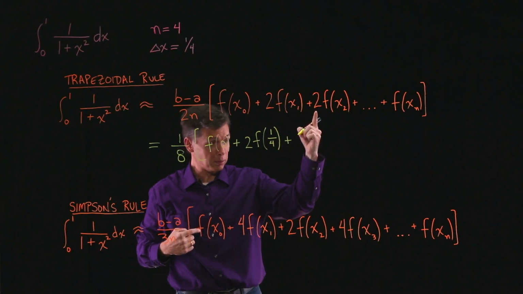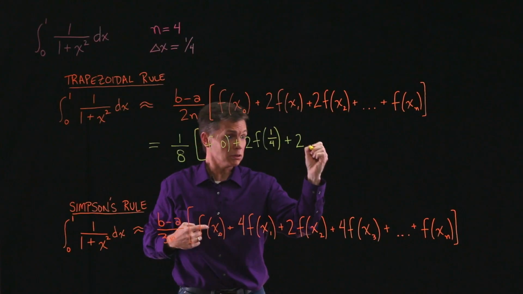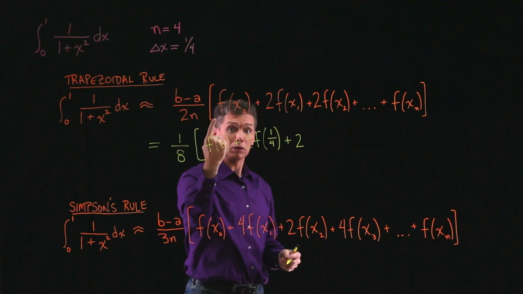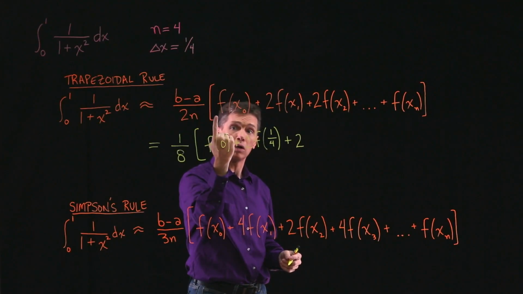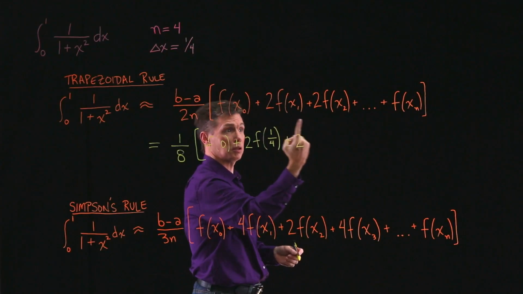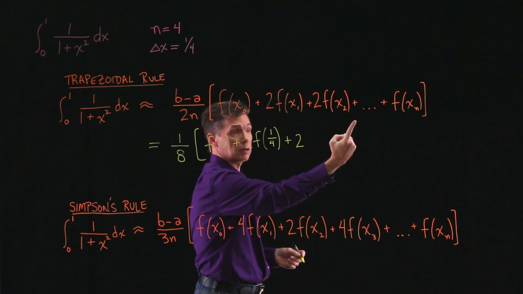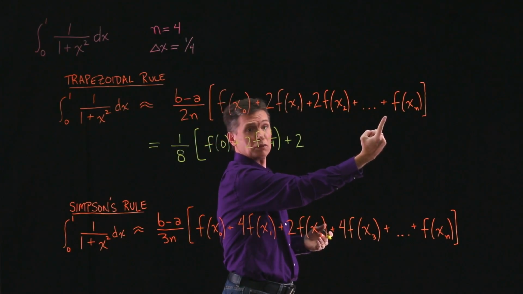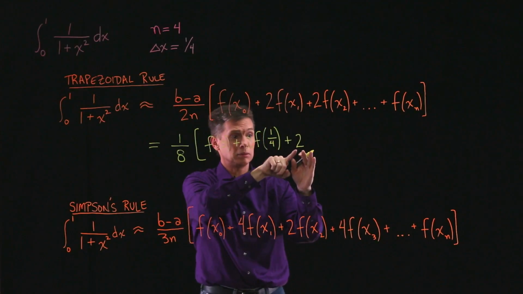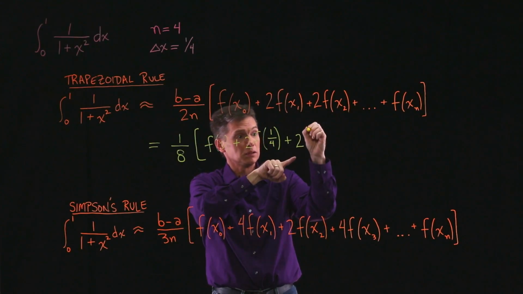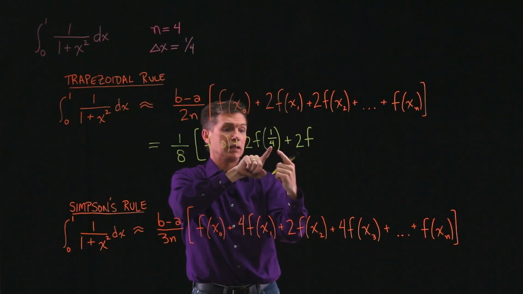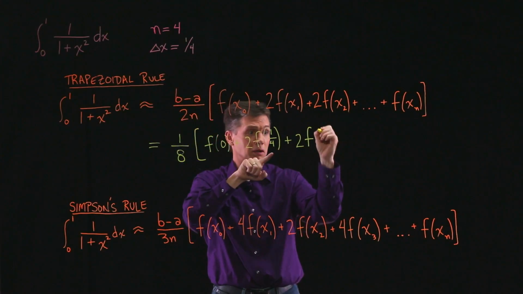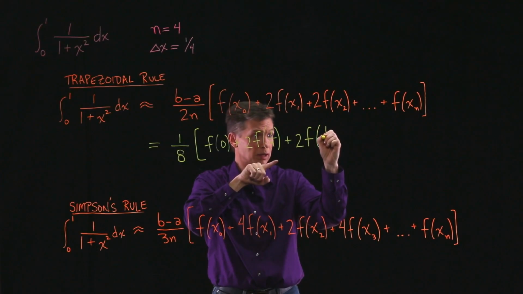Plus, and I'm following my formula. As you're learning this formula, the trapezoidal rule, if you're looking at coefficients, it always starts with a 1, coefficient of 2, coefficient of 2, and so on. It's always a coefficient of 2 until you get to your last term. It goes back down to a coefficient of 1. So I'm going to follow that in my work. 2 times f of, now I go back to where I was with my x, bump up by that increment. So I'm going to be looking for the f of 1/2.